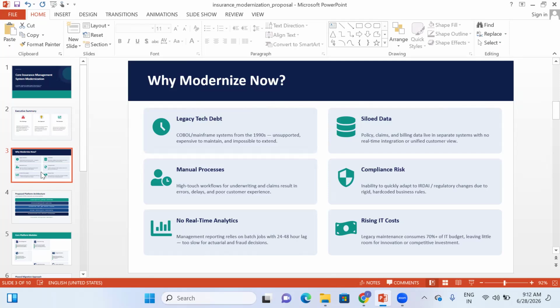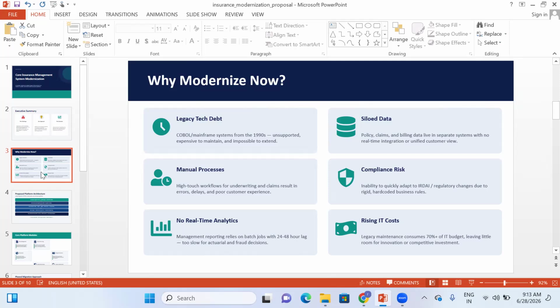Next, all the data, like the policy, billing, or claims that we are managing, is being managed in separate systems. There is no real-time integration. Let's say you want to know, as an insurer, how many people have taken policies, applied for claims and completed them in the last 3 months or 6 months. As there is no integration among policy, billing and claims, the report generation and customer viewpoint cannot be identified.